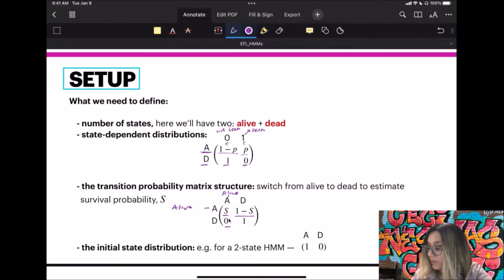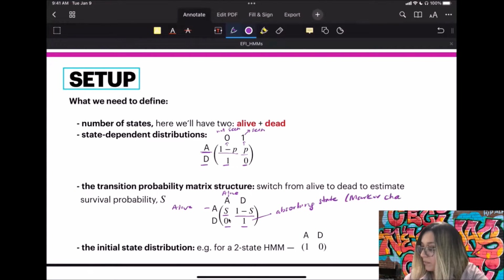What's different, of course, is that it cannot be resurrected. Once it's dead, it stays dead, it's forever dead. It will not transition to alive. So once it's dead, it will only transition to the death state. Formally, this is referred to as an absorbing state, and I mean formally when we talk about Markov chains. So death is an absorbing state.